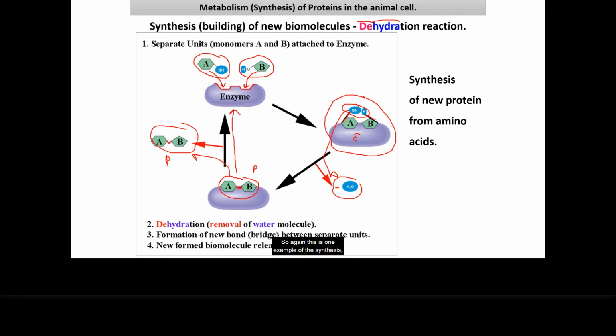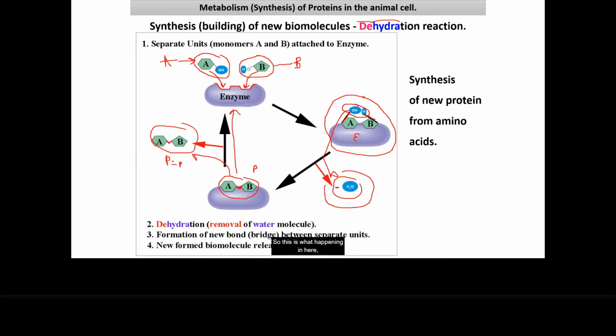So again, this is an example of the synthesis of, for example, proteins. In this case, we will have amino acids A and amino acids B. And during this enzymatic chemical reaction, we will produce a product, which will be a protein. So this is simplified, of course, but the point is that during biosynthesis, chemical reactions happen with the help of enzymes, and it's a dehydration reaction.